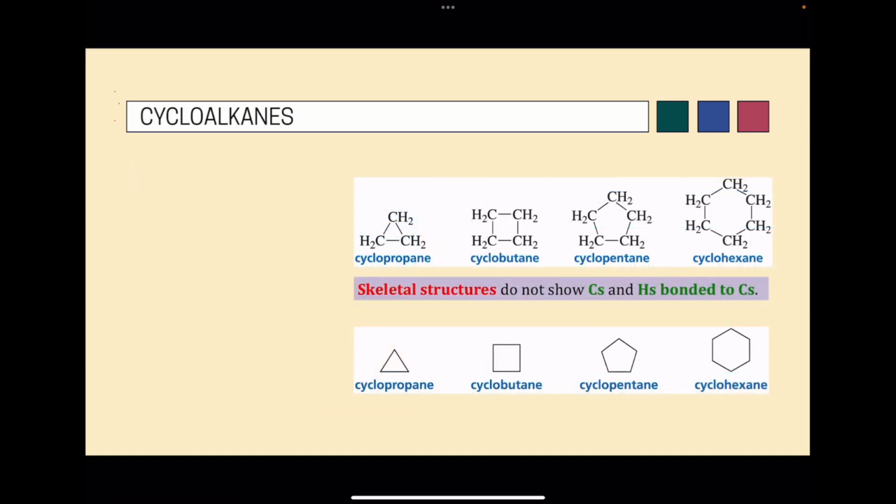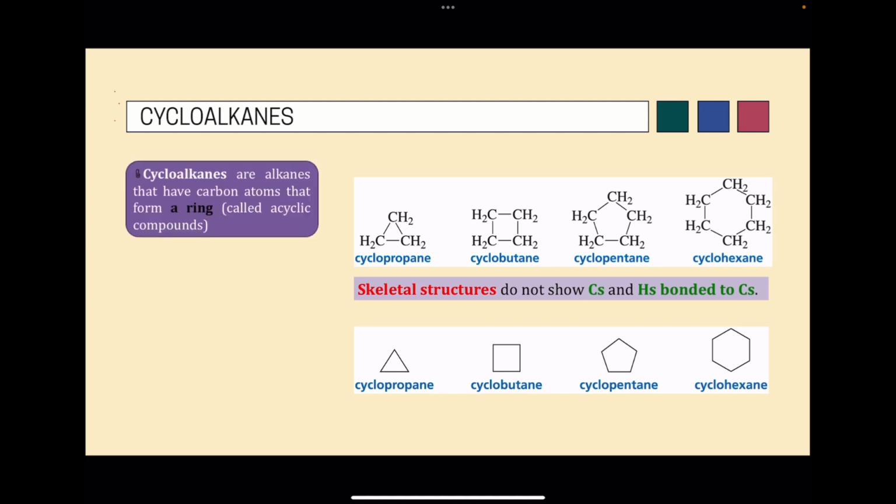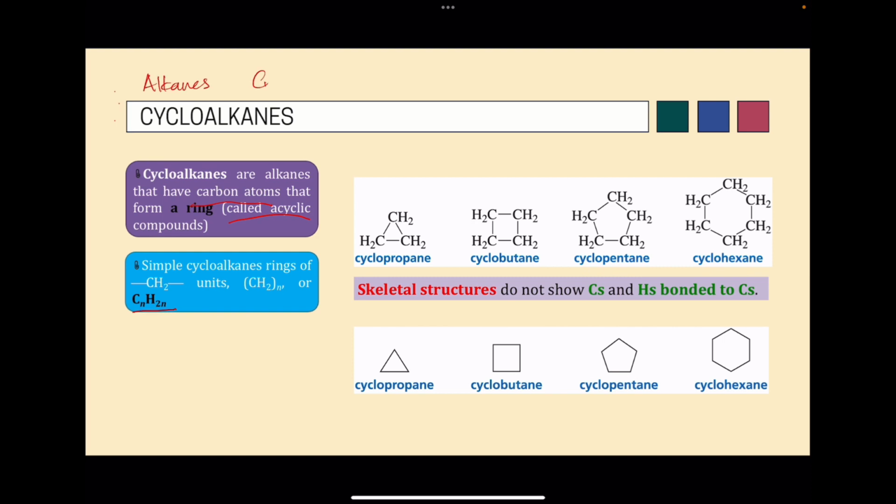Next, we look into the cycloalkanes. So, what is cycloalkane? Cycloalkanes are alkanes that have carbon atoms that form a ring. We call it a cyclic compound, and this cycloalkane has the general formula of CnH2n. So, which means we can differentiate it from the alkanes, where alkanes have the general formula CnH2n+2.